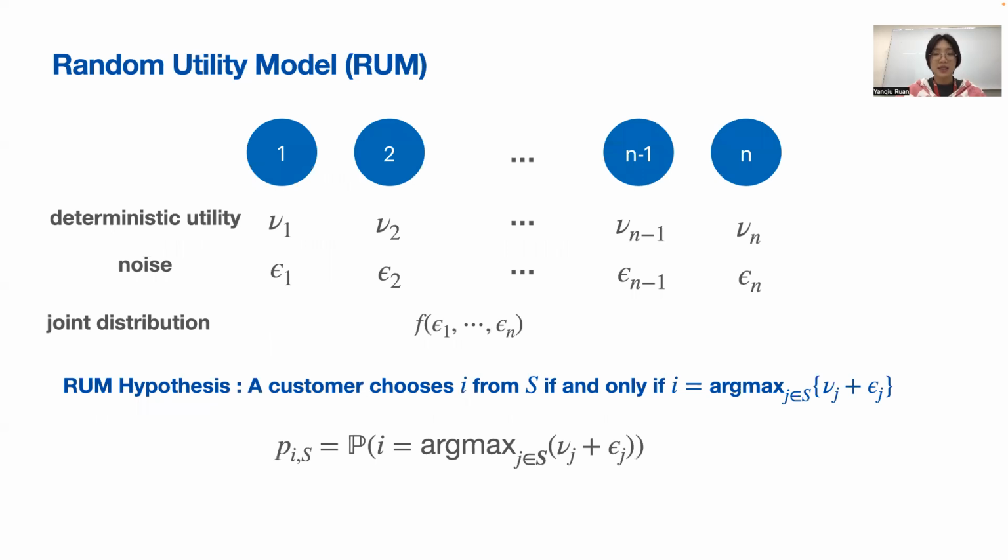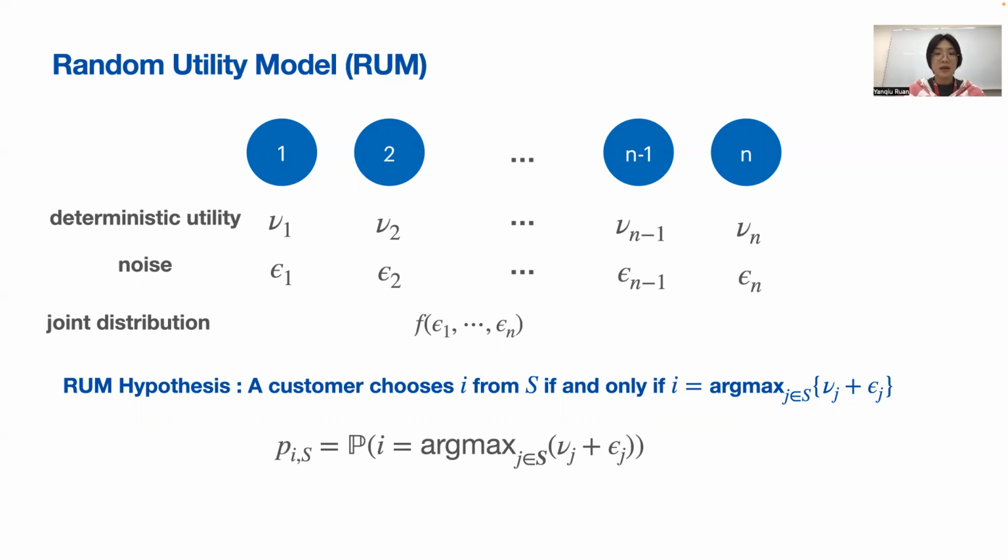Before introducing MDM, let us introduce the random utility model, RUM. The random utility model assumes that each customer has a random utility on each product i, U_i equals u_i plus epsilon_i, where u_i is the deterministic utility. Different customers have different epsilon.